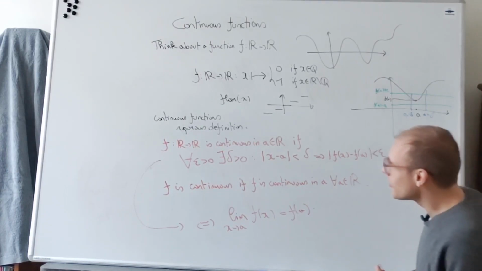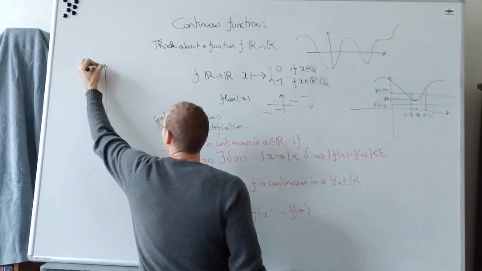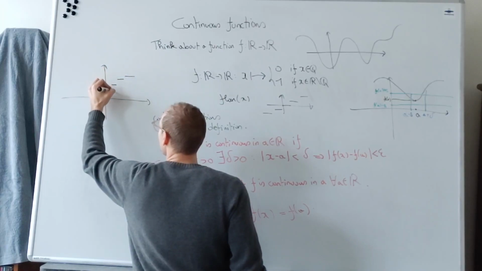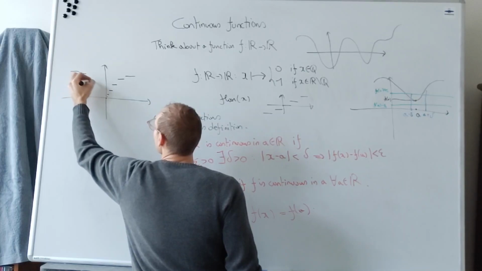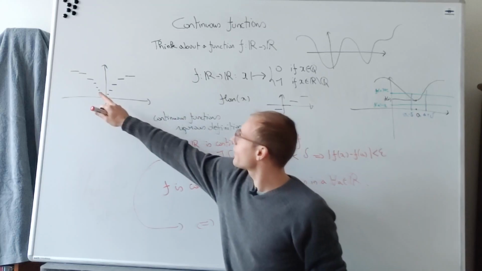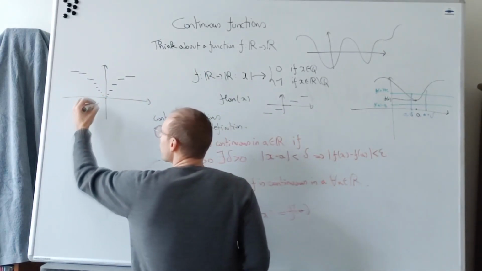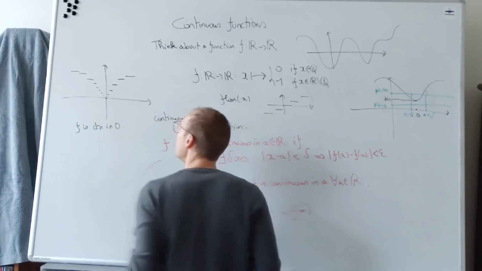One small example to end. I can draw the following function. So what you can see, this is definitely not a smooth line, a continuous line, but this function f is continuous in the point 0.